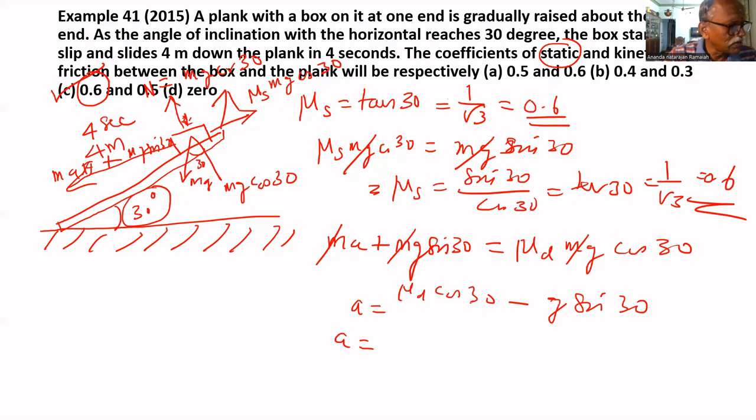But a we have to find. To find a, it is given that it came down 4 meter in 4 seconds.